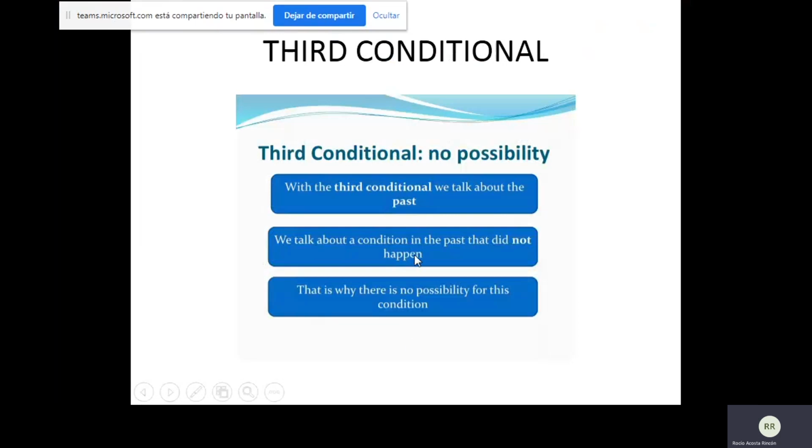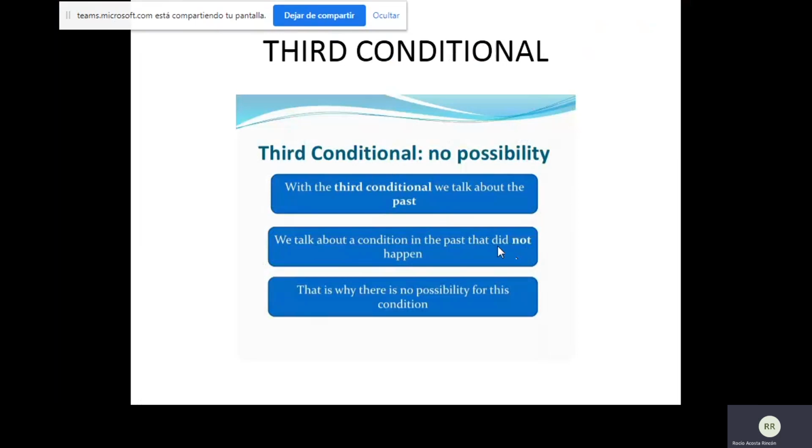Okay? So here we have again some conditions in order to talk about the third conditional. First of all, there is no possibility, as we said before, that's why it's unreal. We talk about the past. We talk about a condition in the past that did not happen. It's imaginary. It's only in our mind.